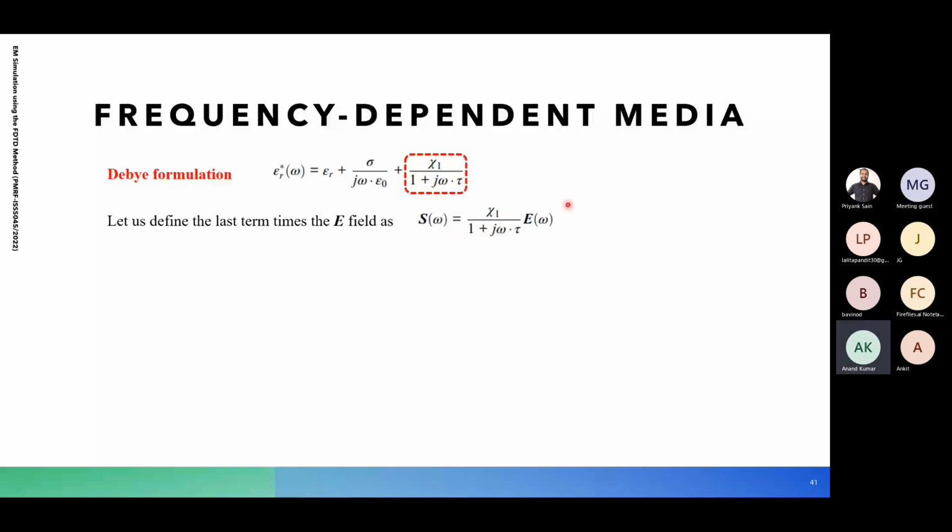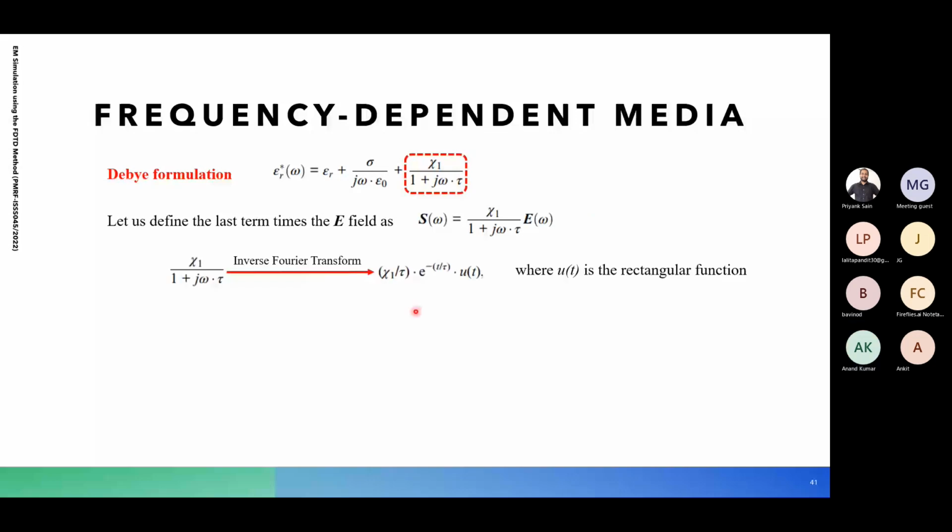So S omega is given by chi1 over (1 plus j omega tau) times the electric field as a function of frequency. This is again in the frequency domain, and now we have to go to the time domain. If we look closely, the inverse Fourier transform of the first term is very simple, and it is given by this expression.